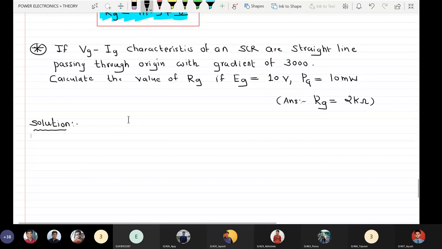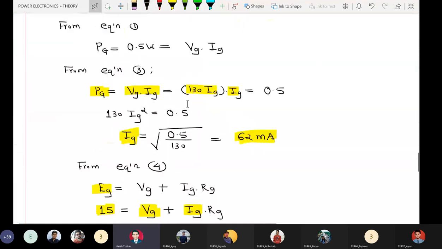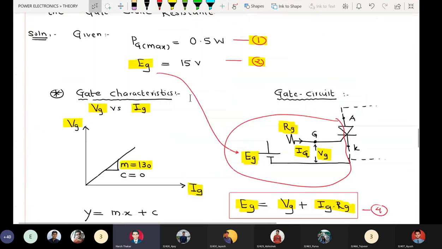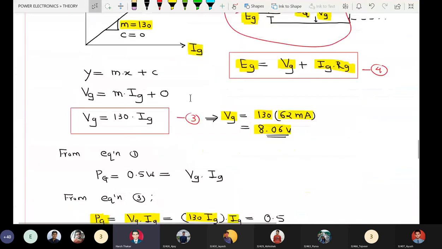I'll not be drawing the gate characteristics and the gate circuit, but we will simply incorporate all these equations 1, 2, 3, 4.